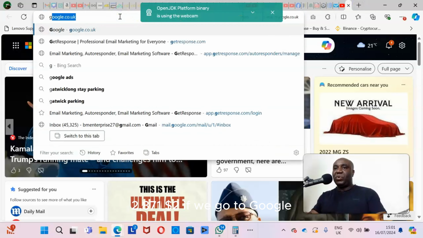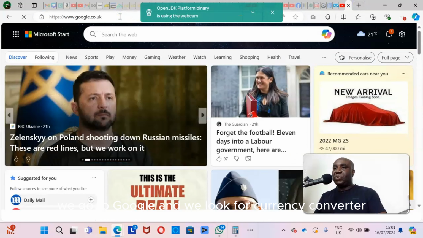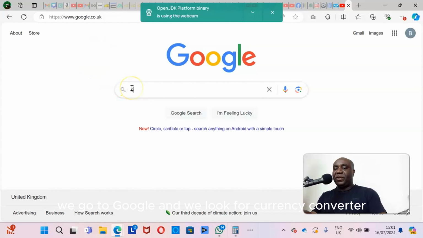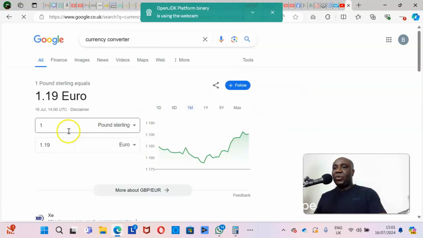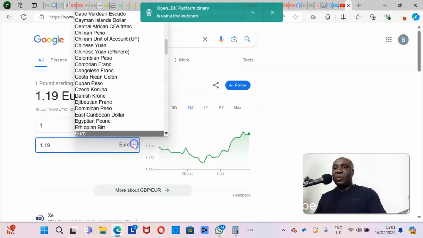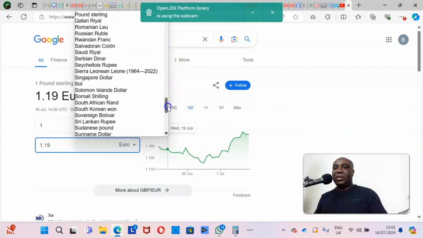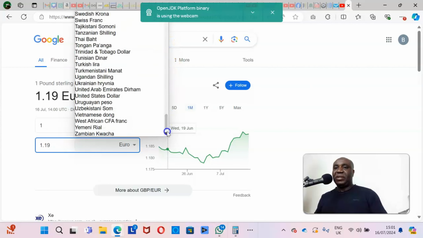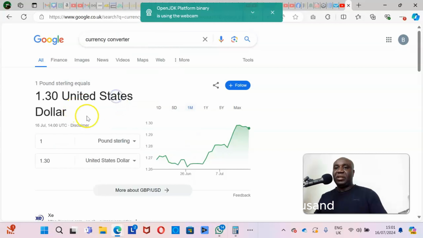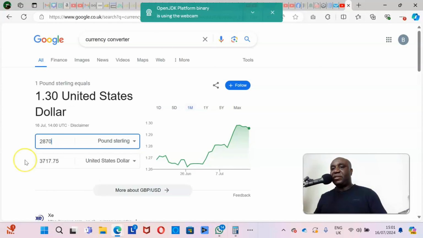If we go to Google and look for currency converter, we want to convert not to euro, but to United States dollar. So we had 2,870, I think so. So that's about $3,700 a month.